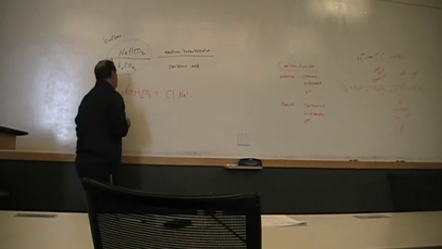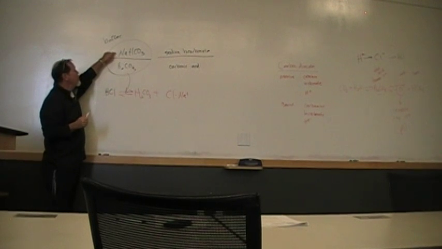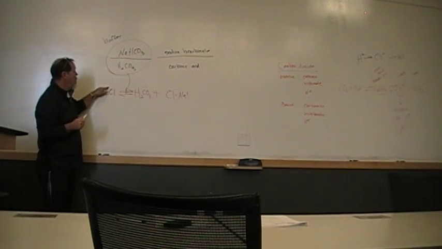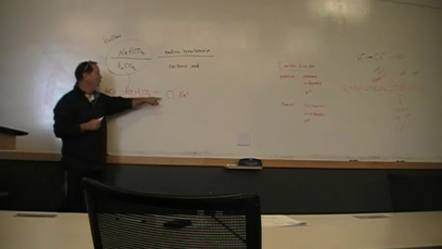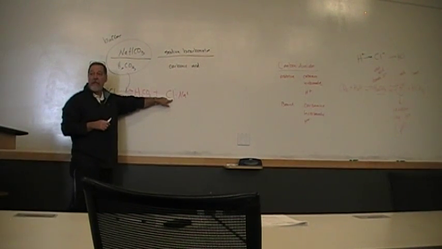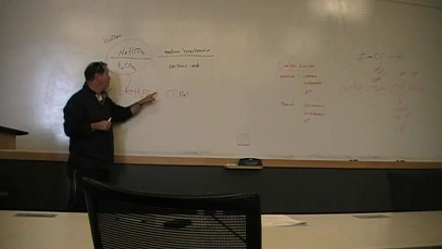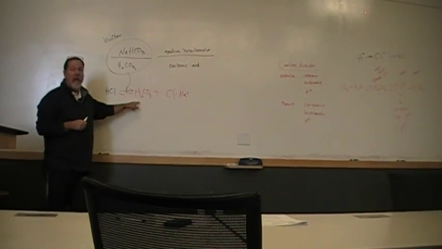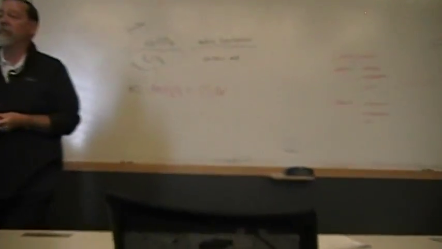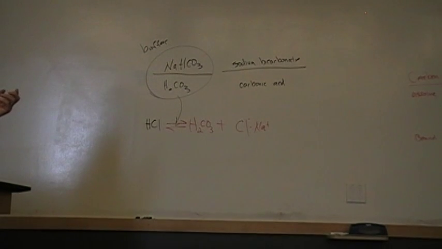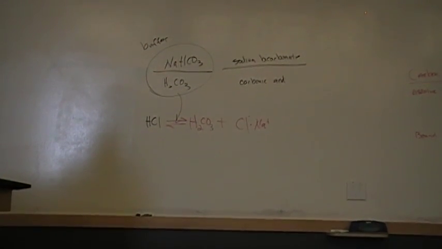So if we recombine sodium bicarbonate with this strong acid, we end up with a weak acid and salt, basically NaCl. So salt plus the weak acid would minimize the effect of that strong acid on the pH system. So the buffer system recombines these compounds to make minimal changes in the pH.